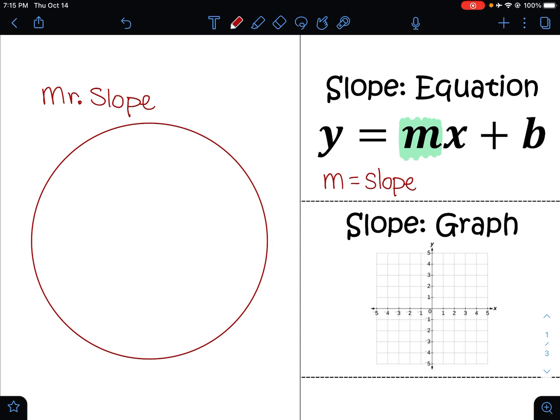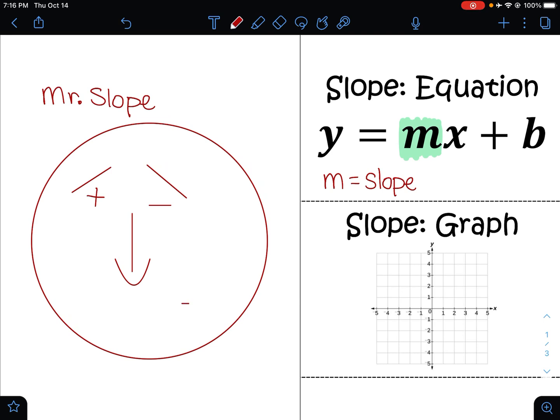First off, we have our positive slope. He gets a plus sign because he's positive. Then we have our negative slope, so he gets a minus sign. Then we have our undefined slope. It looks like that, U for undefined.